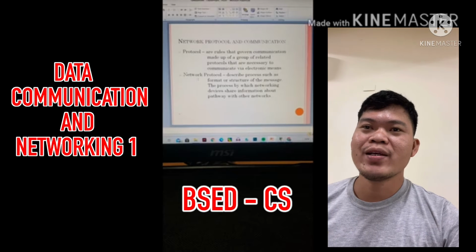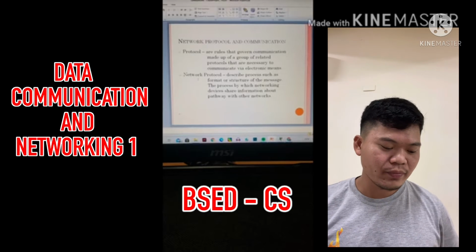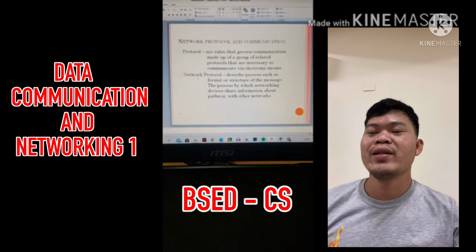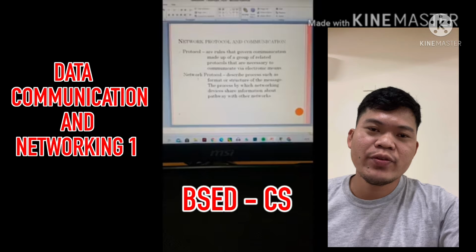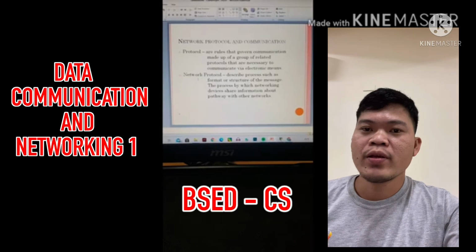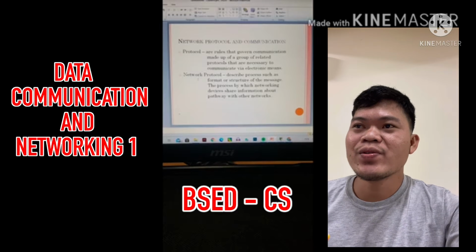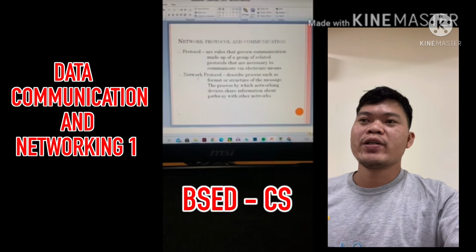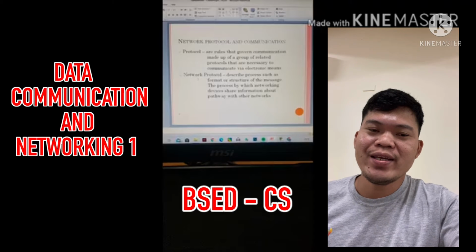network protocols and communications. So what are protocols? Protocols are the rules that govern communication, made up of a group of related protocols that are necessary to communicate via electronic means.